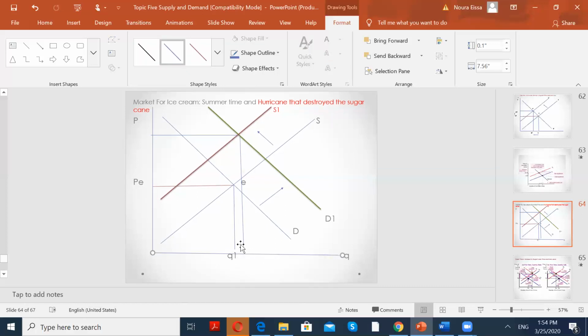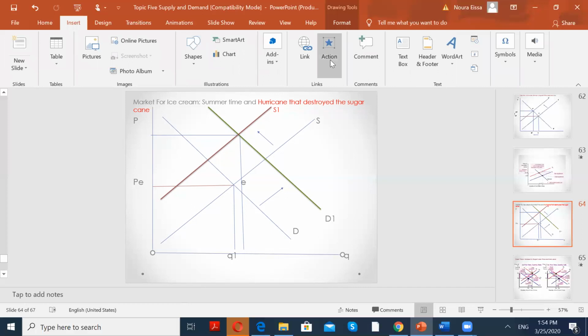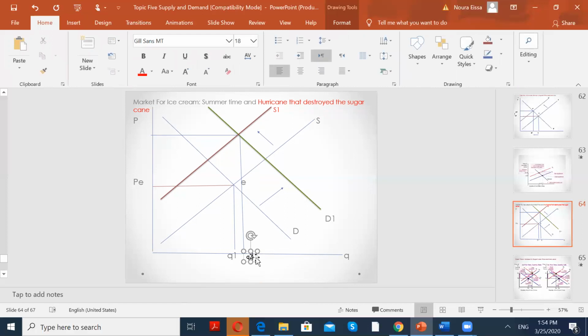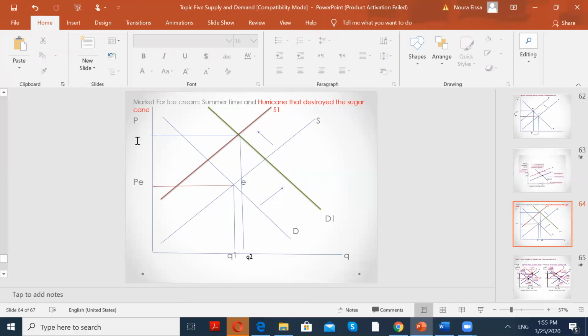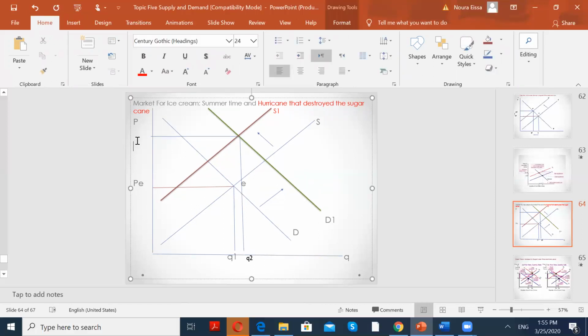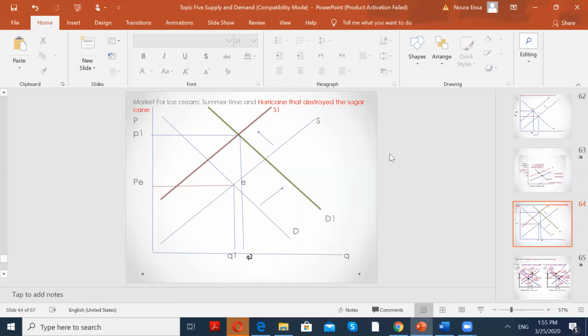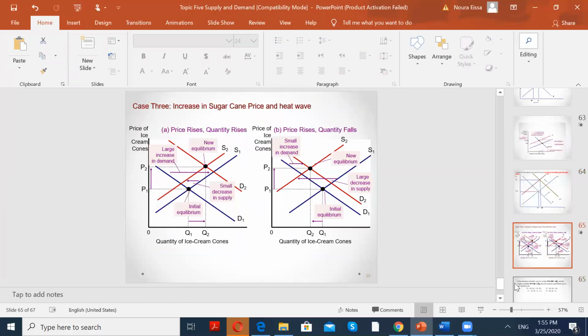So right here we want to do Q2. Insert text box Q2. Let's see, Q2. Okay. And this is P1. All right. This is your answer. You have it right here.